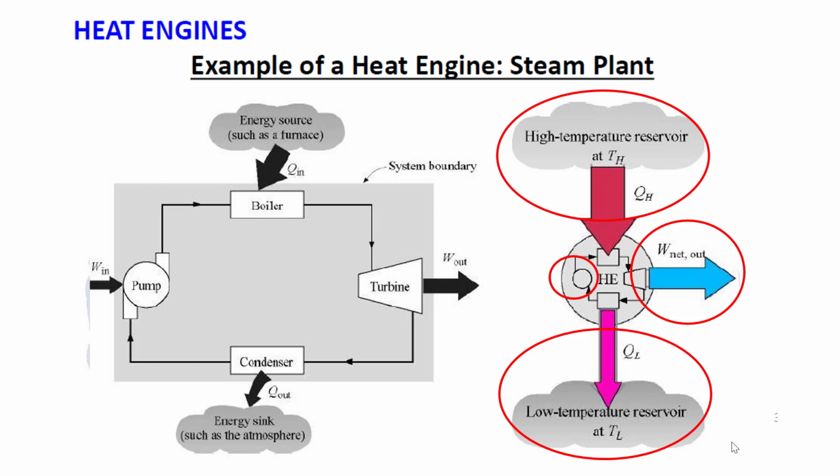A heat engine usually consists of a boiler where it receives heat QH, a turbine where the heat is converted to work W net out, a condenser where the excess heat QL is released to the atmosphere, and a pump which is used to move the fluid in the heat engine. Okay, the pump requires work to move. The work is known as W in, or work in.